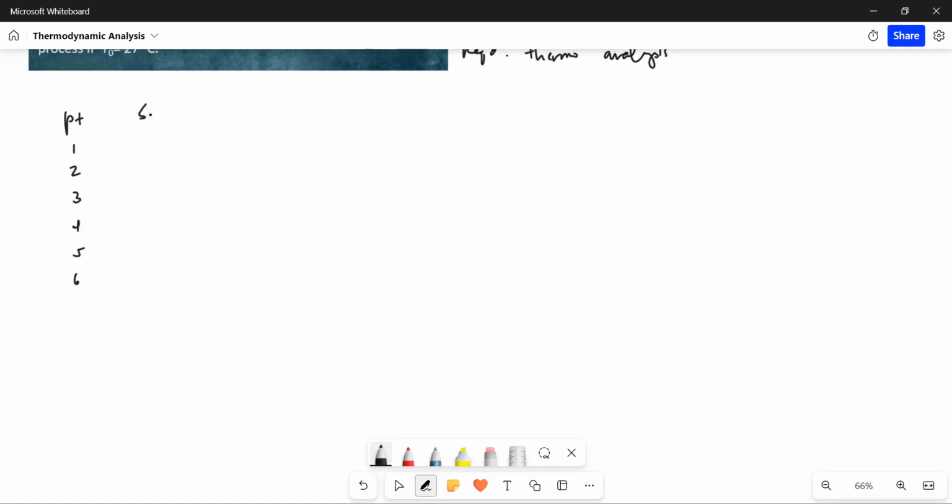The state, let's write that. The pressure in bars, and then H in kilojoules per kilogram. And we also write S in kilojoules per kilogram Kelvin. At point 1, saturated steam, a mixture of liquid and vapor saturated.